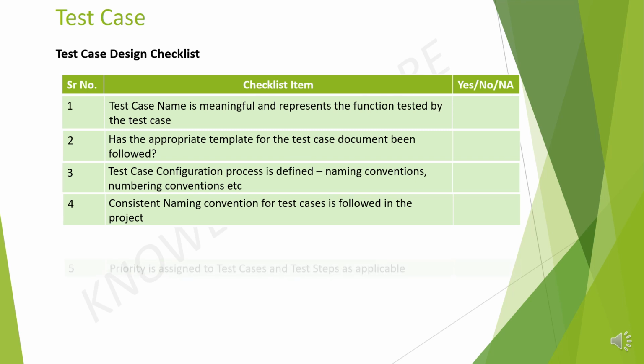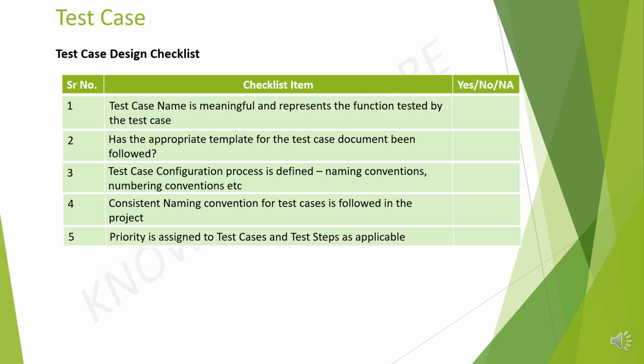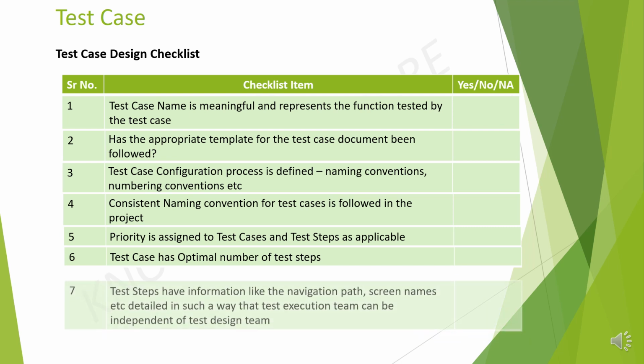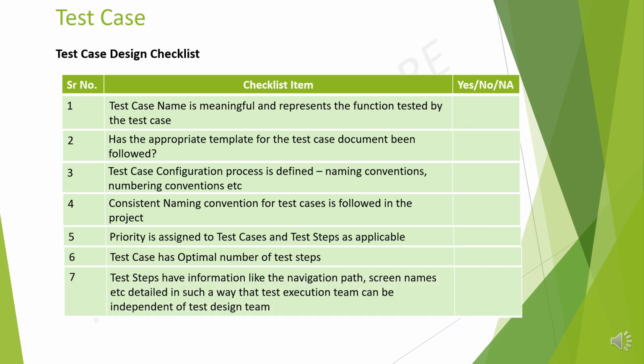Item number 5, priority is assigned to test cases and test steps as applicable. Item number 6, test case has optimal number of test steps. Item number 7, test steps have information like the navigation path, screen names, etc., detailed in such a way that the test execution team can be independent of the test design team.